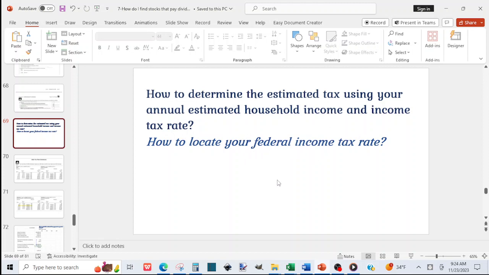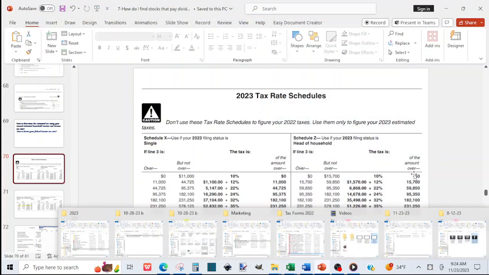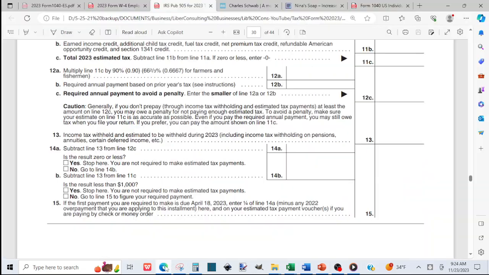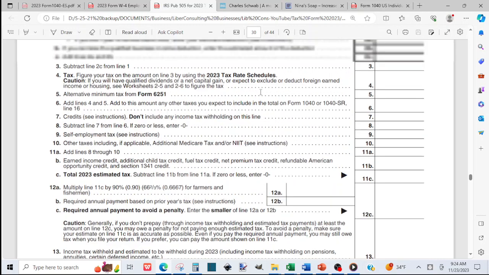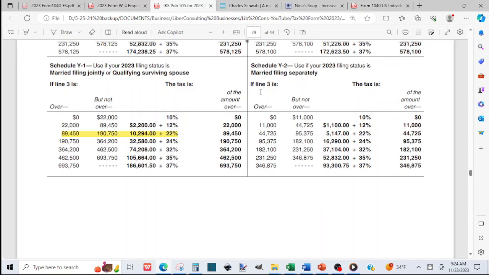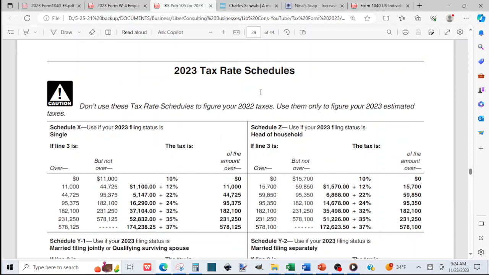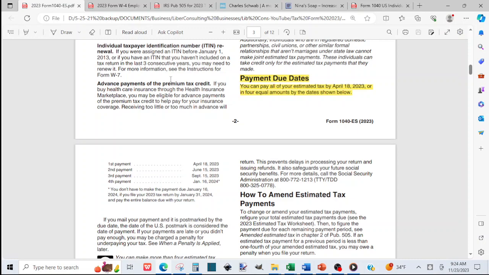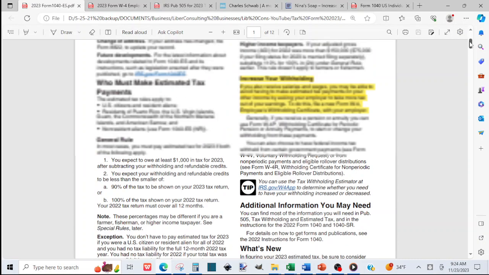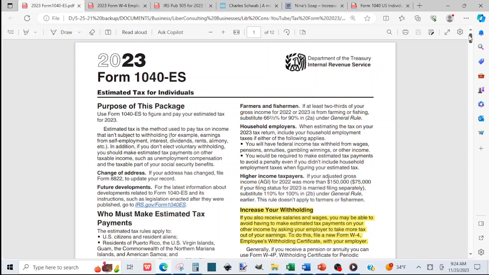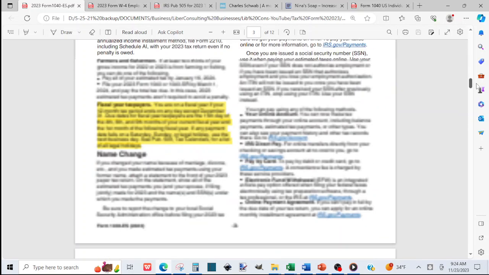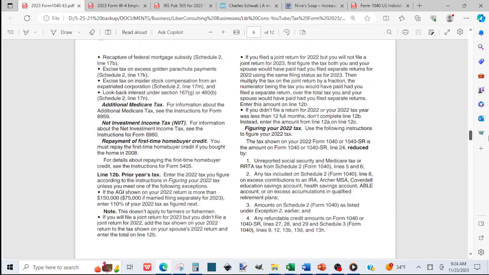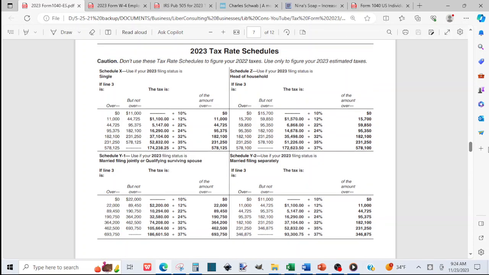You can find the federal income tax rate in either Publication 505 or Form 1040-ES. The latest version of 1040-ES has it as well.